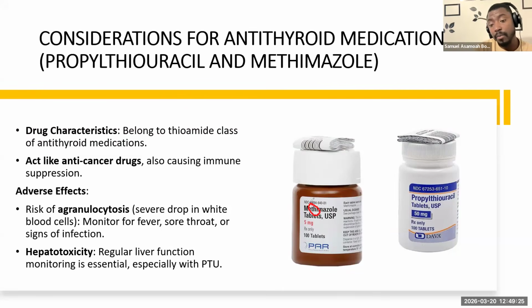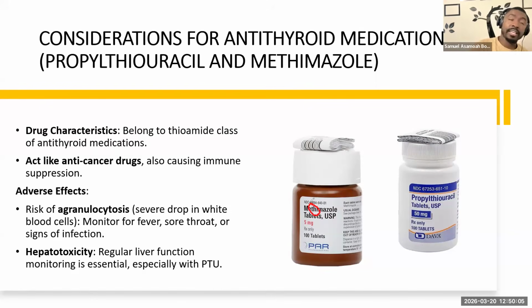As a matter of fact, people have learned propylthiouracil, the PTU, a lot, and so the NCLEX may not really bring that one. But the one that is not too popular, like methimazole, they will bring it. Now, when you are on these medications, they act like cancer cells. So like cancer medications, you may not get the classical alopecia and all those things, but they can dampen your immunity, especially if a patient has Graves' disease, the type of hyperthyroidism that attacks the eyes and causes exophthalmos, where the immune system is at play.